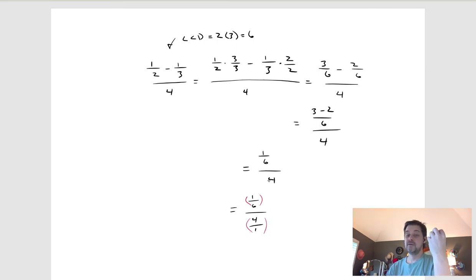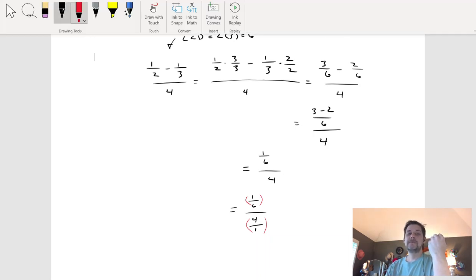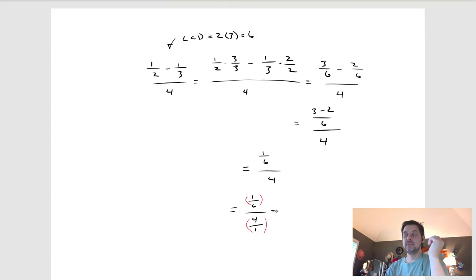That's how I'm going to interpret, for the sake of division, 1 over 6 divided by 4. So what did I say a minute ago? Dividing fractions means multiply by the reciprocal. So I would take 1 over 6 and multiply, instead of divide, by the reciprocal of 4 over 1, which is 1 over 4. So that's 1 over 24. So multiply fractions straight across.